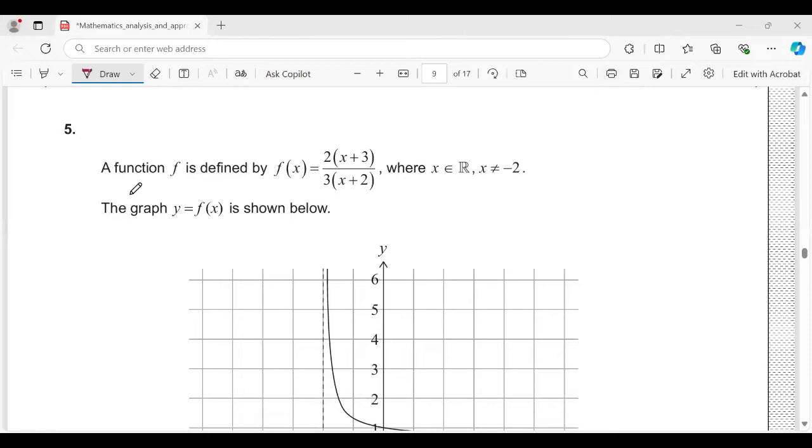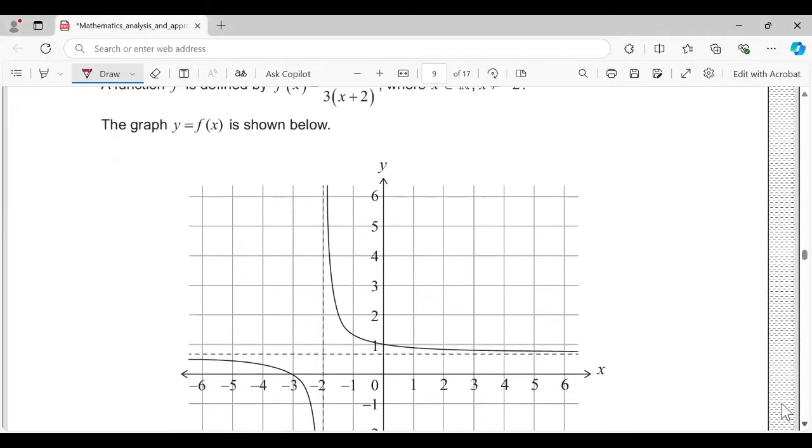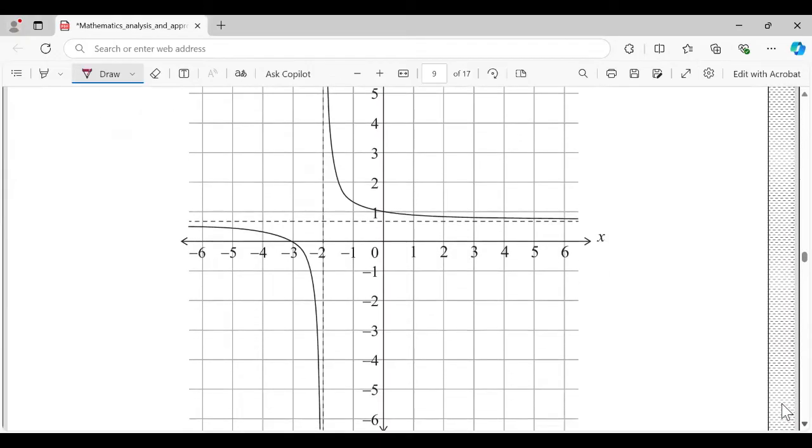Number 5. Function f is defined by f of x equals 2 times x plus 3 over 3 times x plus 2, where x is a real number. The graph y equals f of x is shown below. This is a rational function.